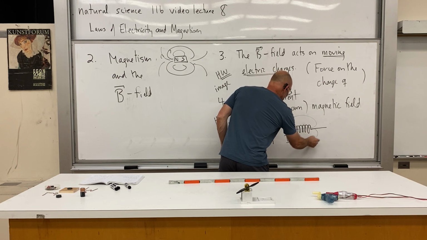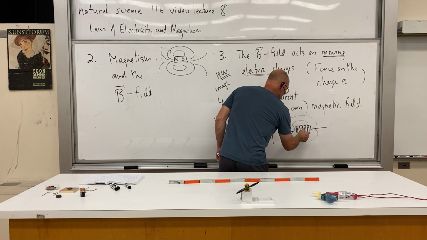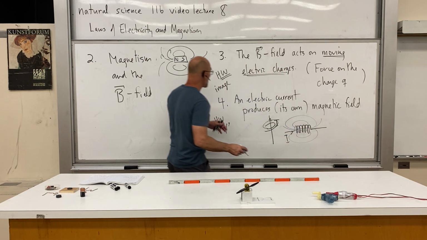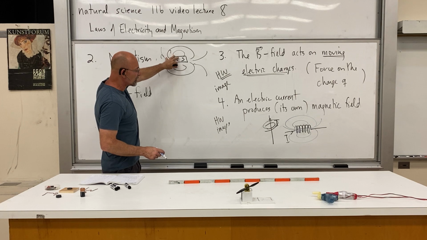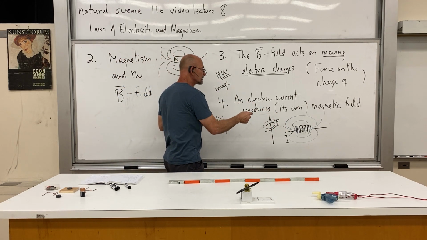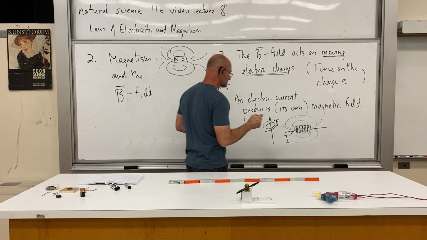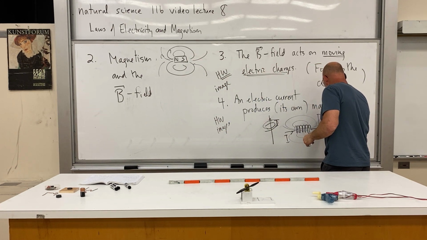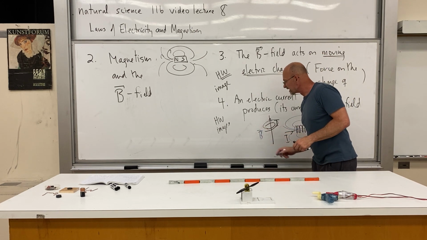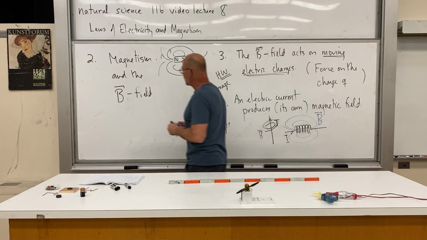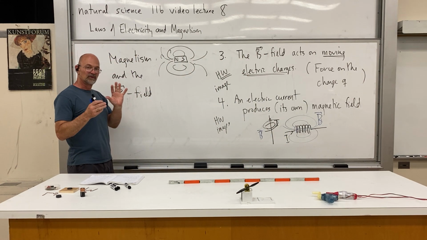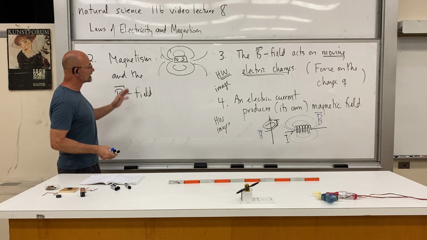So you'll actually get this magnetic field of this type, and you can even get the same pattern with iron filings that you got with your bar magnet off of this current magnetic field. So electric current produces its own magnetic field. Here I'll write B in blue, and here as well, magnetic field.